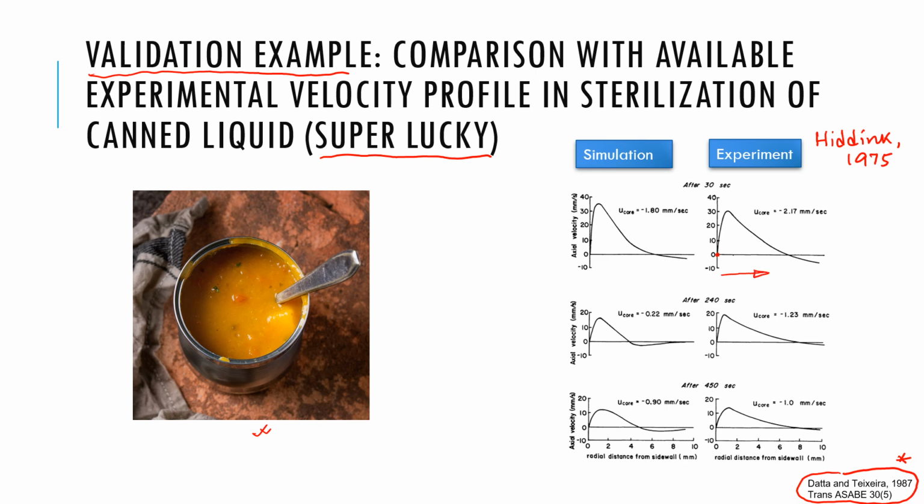So the velocity on the wall, of course, has to be 0 for no slip conditions, and then we have the maximum velocity here, and then in the core the fluid rises because it's heated, so it's lighter, so the buoyant forces make the fluid go up here, and to satisfy the continuity it has to go down in the core. So that's the velocity profile, and that was all nicely measured by this person.